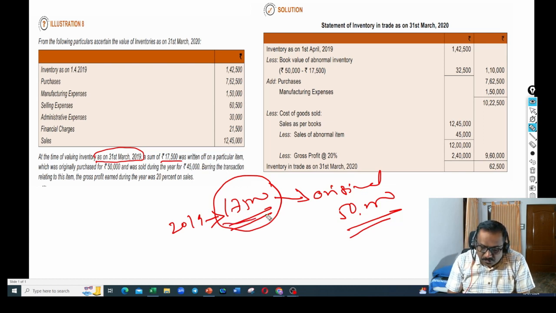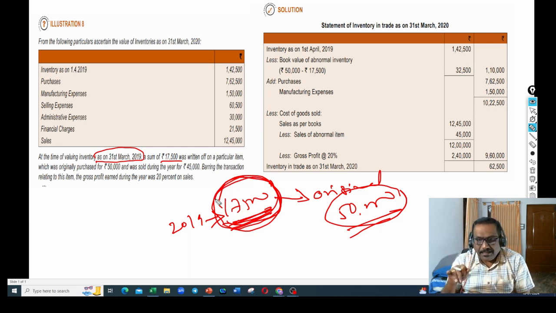In the books of accounts, they have written this off. It doesn't mean that the inventory is not there. Physical inventory is there, but that particular item was written off in the books for 17,500. But the original value of purchase was 50,000. Now, what happened? The item written off in the books for 17,500 has been sold in 2020.